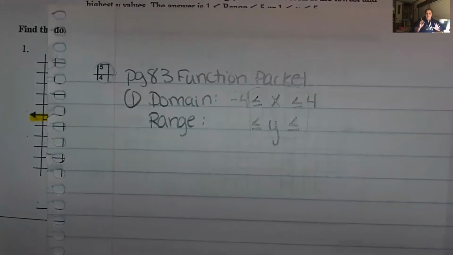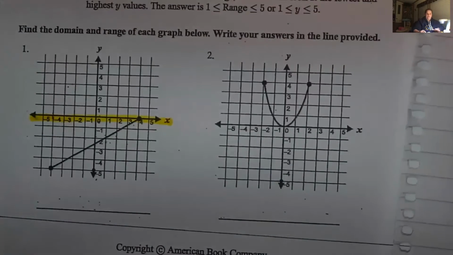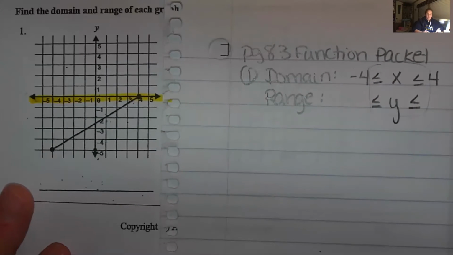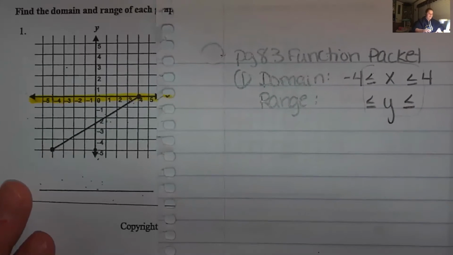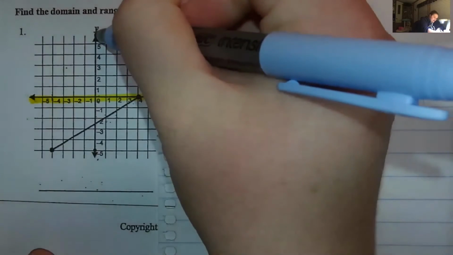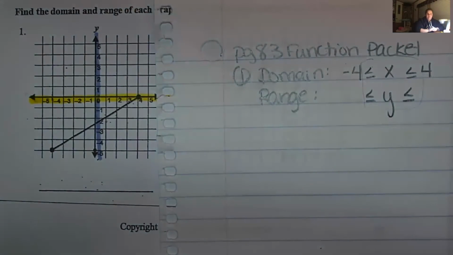Okay, the numbers is what's going to change. So the range, okay, range is my Y values, otherwise known as my output. Y values would exist on the Y axis. So we're not going to grab from the yellow anymore. I'm going to highlight these in this blue color, okay.